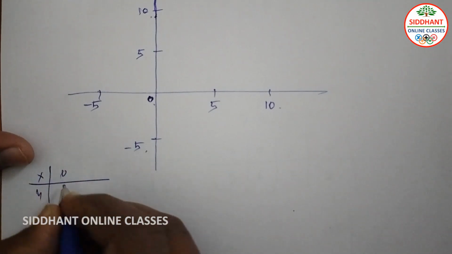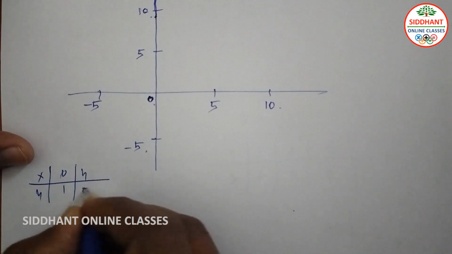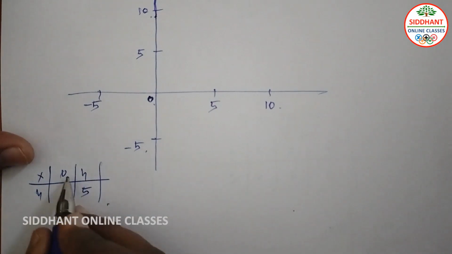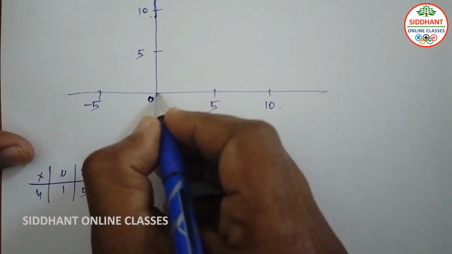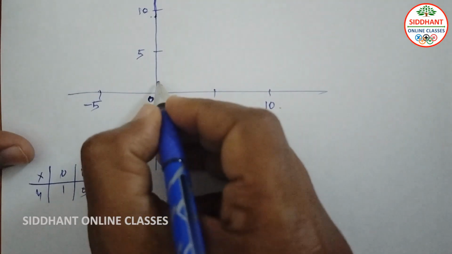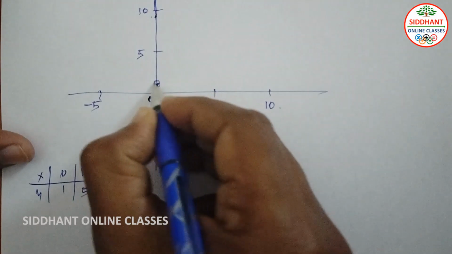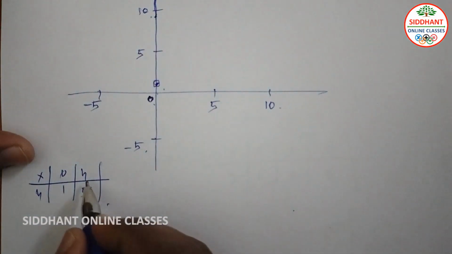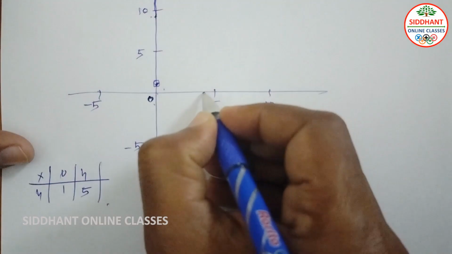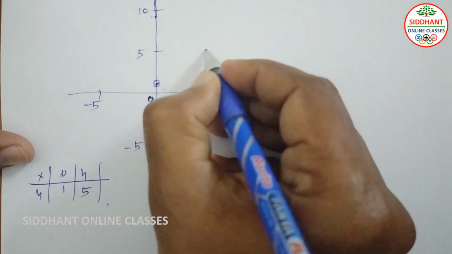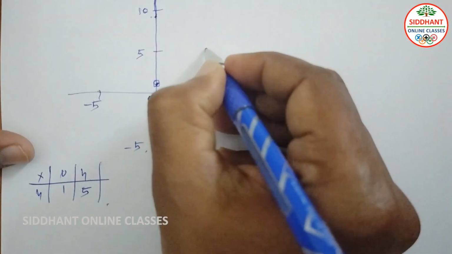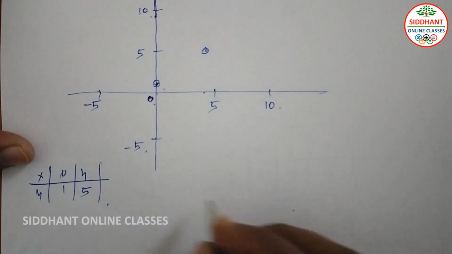So the two equations we got, x and y. For the first, x is 0, y is 1, and x is 4, y is 5. So x is 0 here, y is 1, and here you see the point. Next, x is 4, y is 5. X is 4 means here 4, and here you see the point.